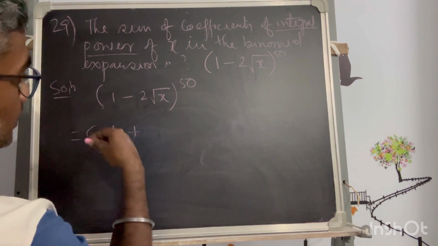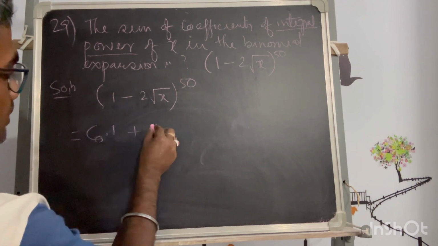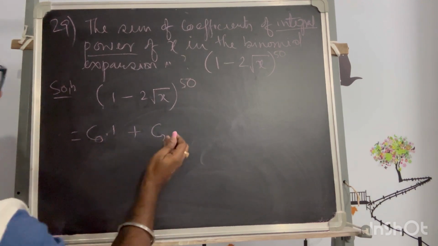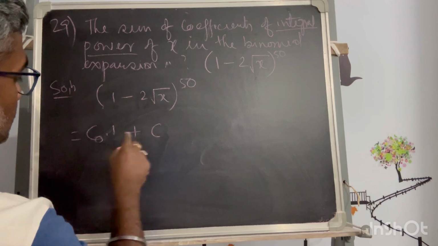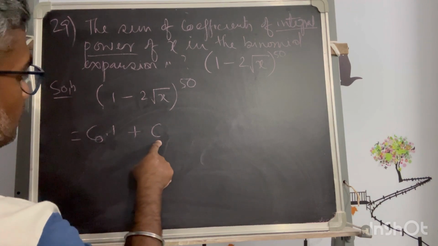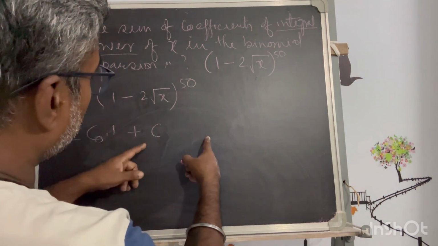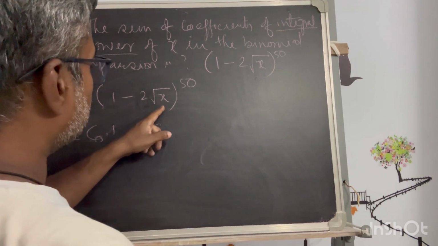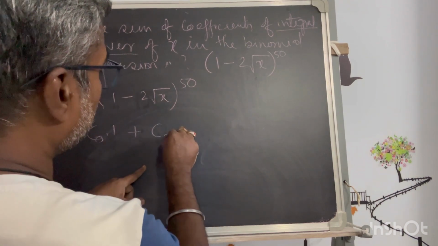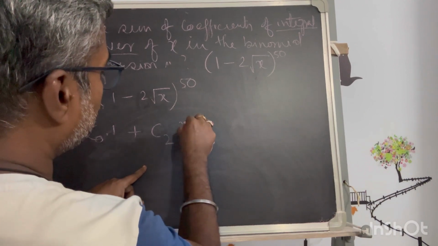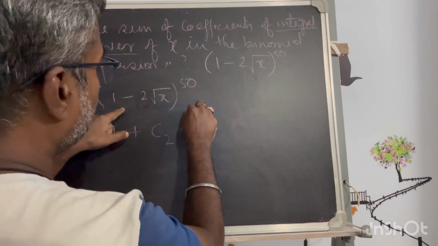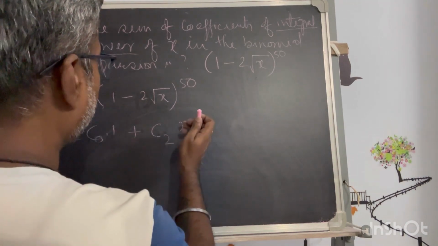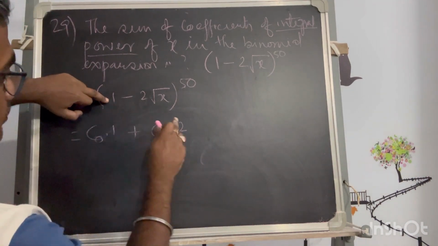Then the next term will be minus, and next to that c3 will come, c0, c1, c2. c1 is x to the power, this is equal to 1. c2 will come where 2 to the power 50 minus 2, or straight where you can say first term to the power.